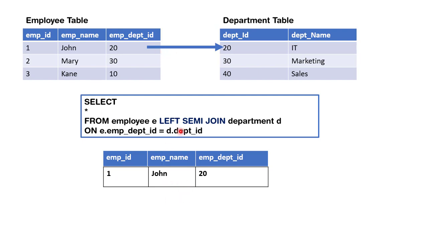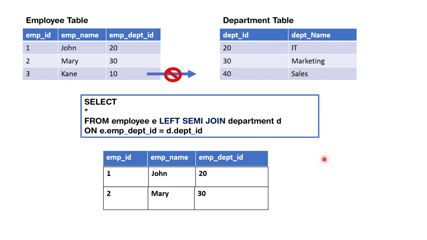First you'll be joining, then you'll be discarding all the right side columns. Rather than doing that, you can just use left semi join. Then the same, it matches 30 and 10 is not matching, then 10 will not come in the result set because it's just a variation of inner join. Only thing is, it will just select the left side records, left side columns.